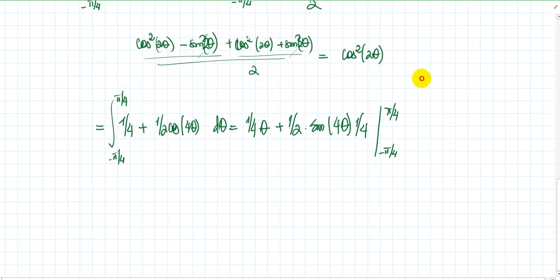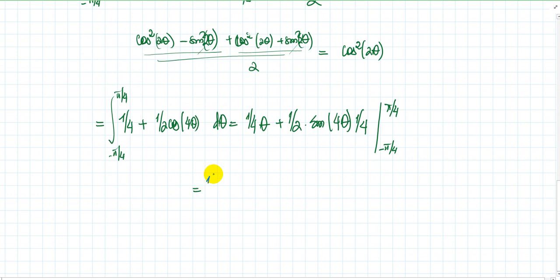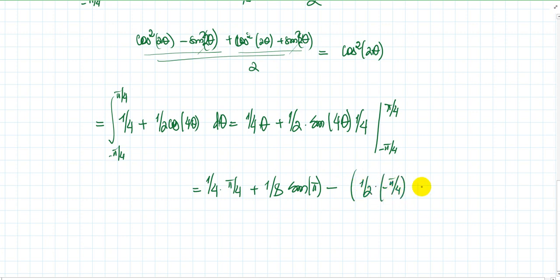So let us substitute pi over 4 everywhere. It's going to be 1 over 4 multiplied by pi over 4 plus 1 over 16 of sine of, what is 4 multiplied by pi over 4? It's pi. Minus 1 over 4 multiplied by minus pi over 4 plus 1 over 16 multiplied by sine of minus pi.